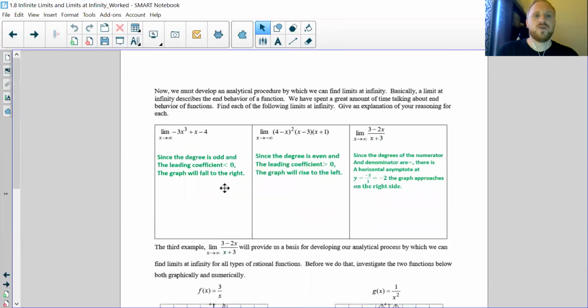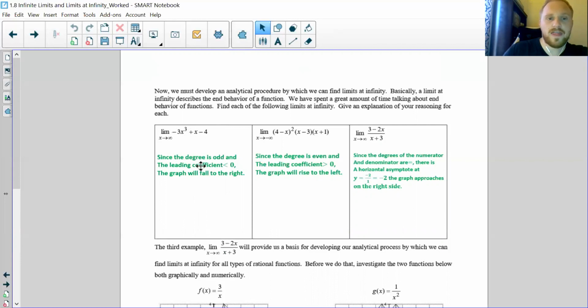Now we must develop an analytical procedure by which we can find limits at infinity. For instance, we have x approaching infinity. If you plug infinity in, it tells us it's going to infinity.